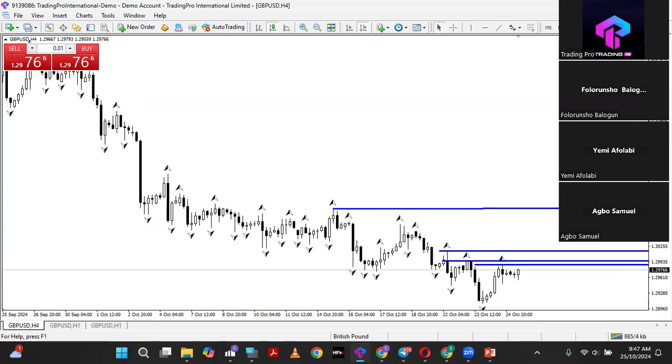If price is below a swing high, it's assumed that that swing high may serve as a resistance to price and pause price movement upwards.